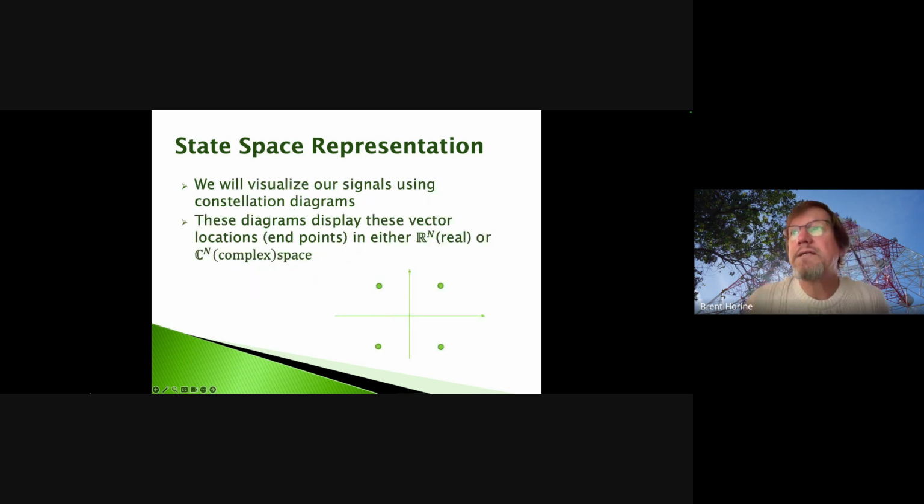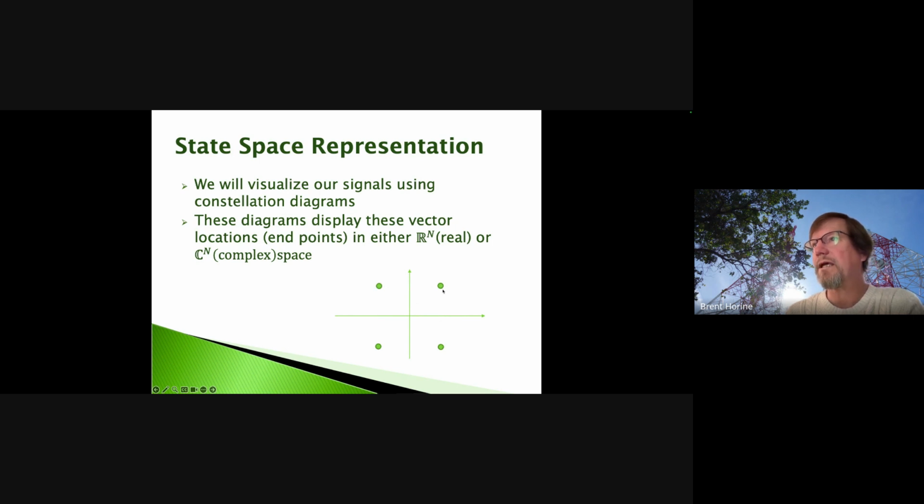So what this gives us is the ability to visualize our signals using what we call constellation diagrams. Here, maybe this is the x-axis and this is the y-axis. We're electrical engineers, so let's think of this as a real axis and this as the imaginary axis. And we can represent 4 different signals with a coefficient here with some of these basis functions.